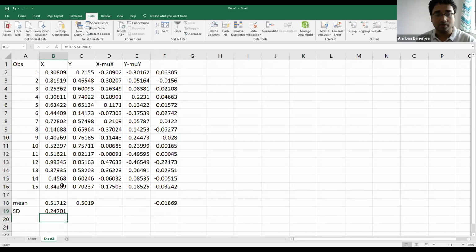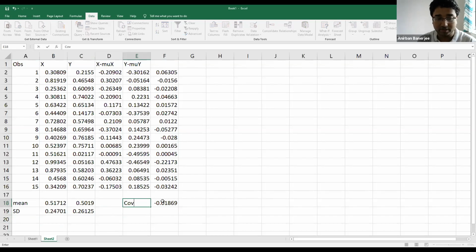So we have the standard deviation of X and the standard deviation of Y. One way to compute this is: this is the covariance, and you divide the covariance by this multiplied by this one.